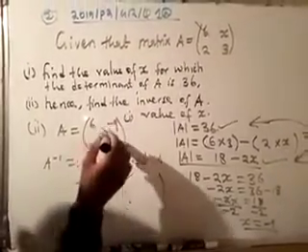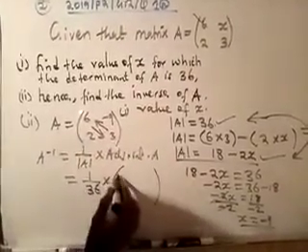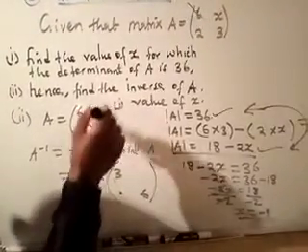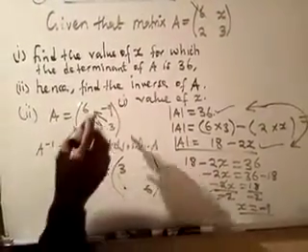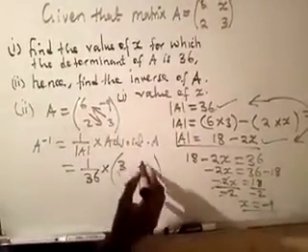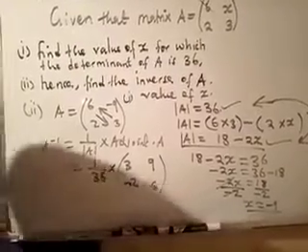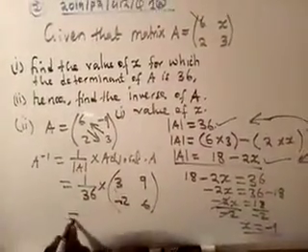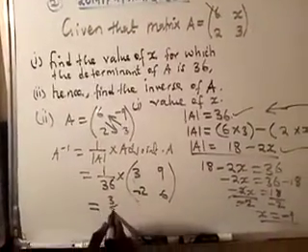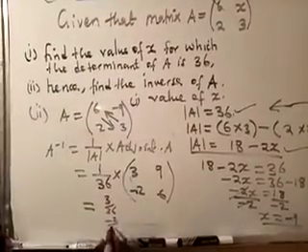The adjoint, we are saying we interchange the numbers in the major diagonal. 3 goes where 6 was, 6 goes where 3 was. Then in the minor diagonal here we multiply by negative 1. Negative times negative, positive. This one, negative. Then you distribute now, you multiply, you say this by this one will give us 3 over 36. This one will give us negative 2 over 36.